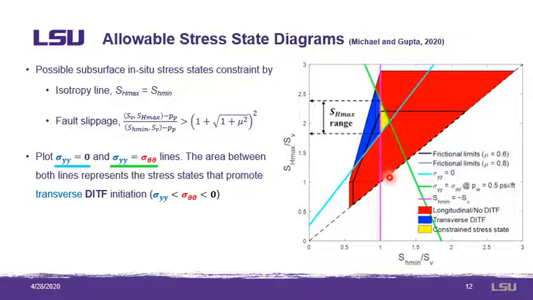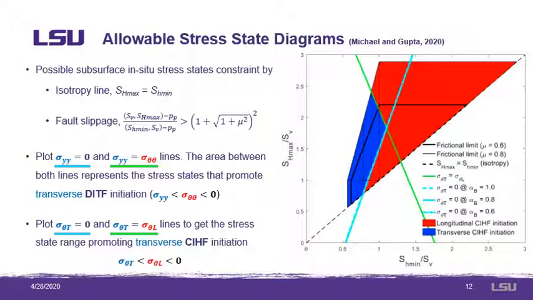For completion-induced hydraulic fractures, using this same graphical method, the cyan line becomes the line indicating the stress states at which the transverse fracturing stress is equal to 0, and the green line the range of the stress states for which the transverse and longitudinal fracturing stresses are equal to each other.